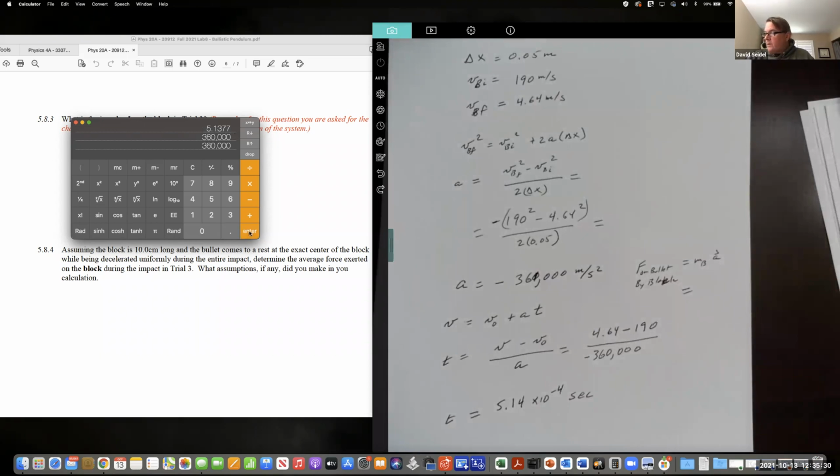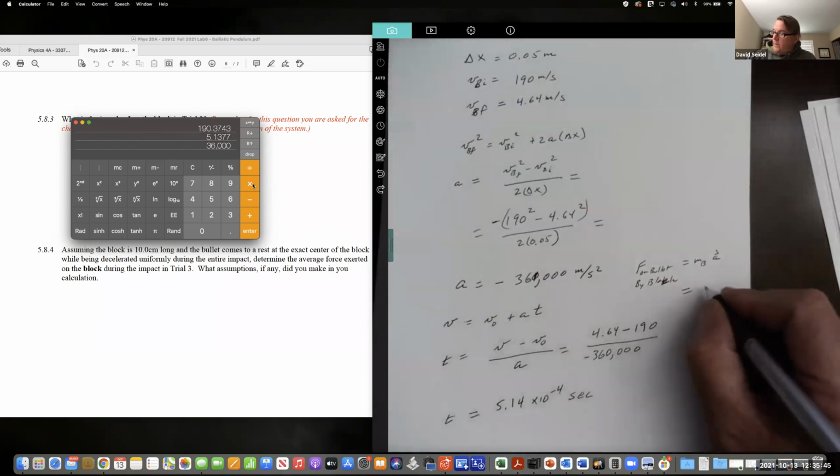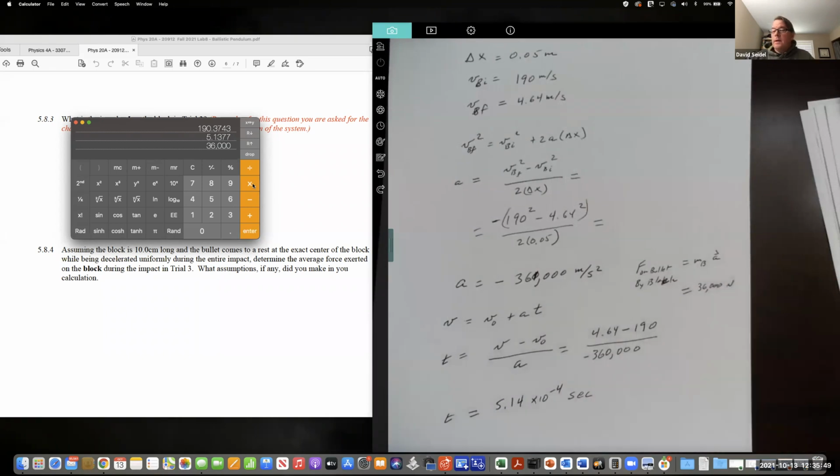And again, I have round off in here. I have the mass at 0.1 times, so I have 36,000 newtons. And that's the same force as on the block.